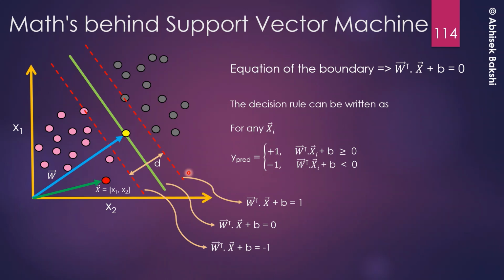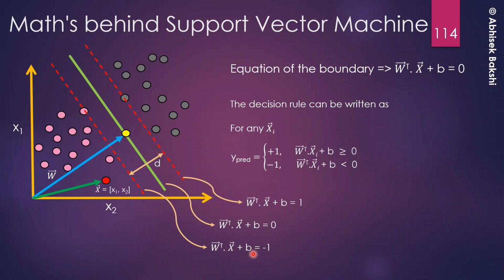That is why, if the decision boundary is written in this form, WTX plus B equal to 0, the straight line on the positive side of the decision boundary is written as WTX plus B equal to 1, or WTX plus B equal to minus 1 on the other side.